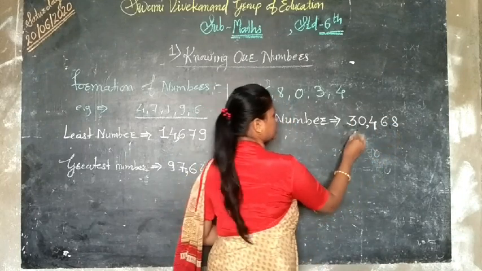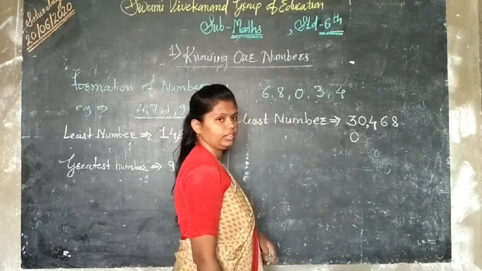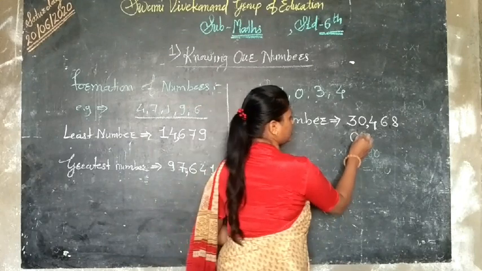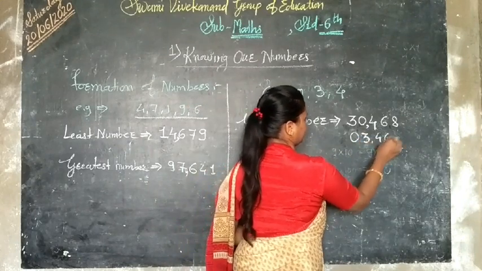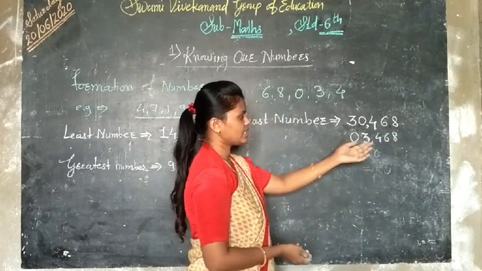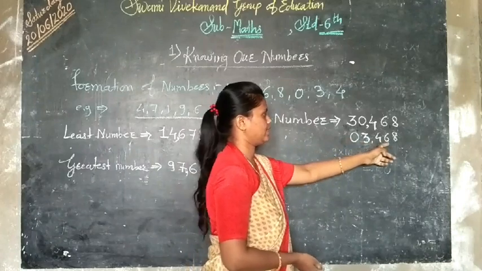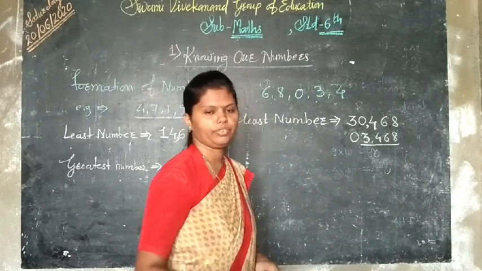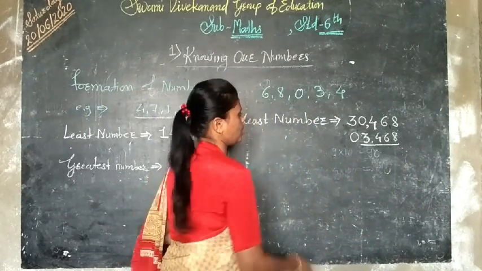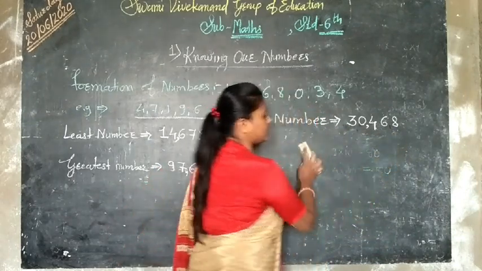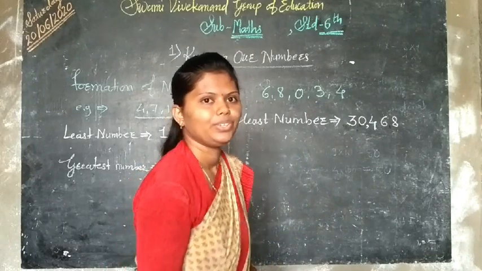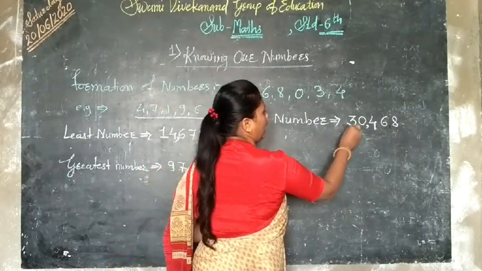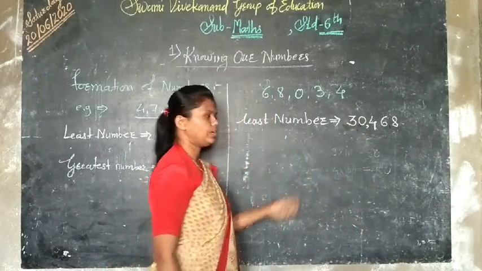Suppose you had inserted the 0 at the first, as 0 is the least digit, then 0, 3, 4, 6, 8 would be read as 3,468, which means it turns into a 4-digit number. It is not a 5-digit number. And your question is to find the 5-digit least number. That's why you have to take 0 after the next least digit.